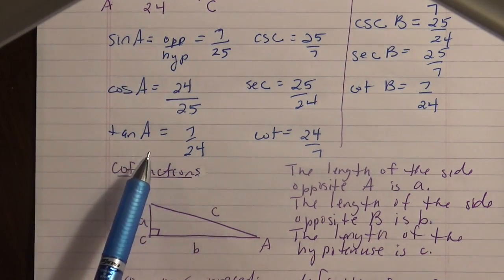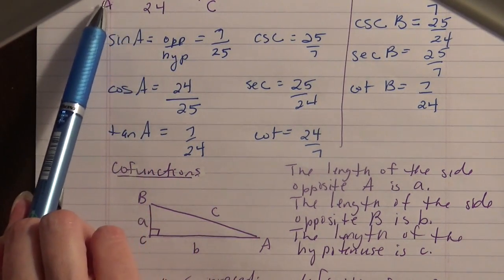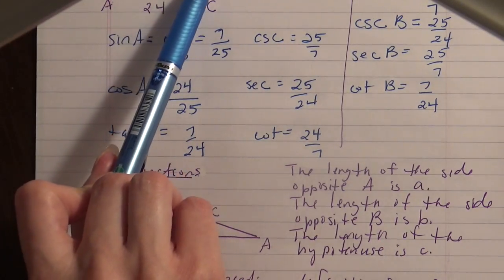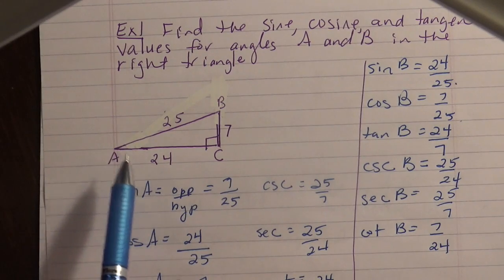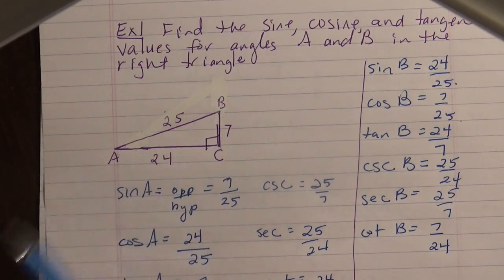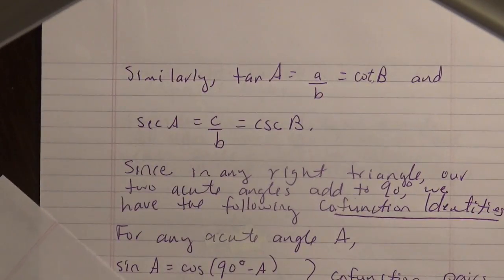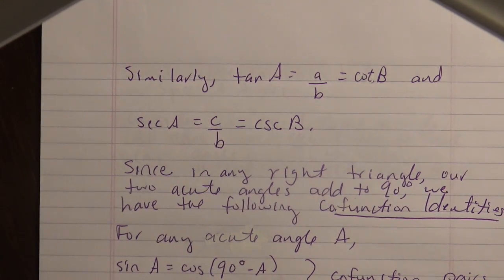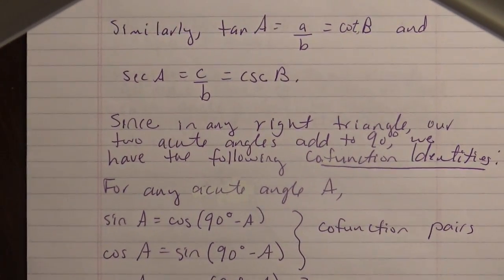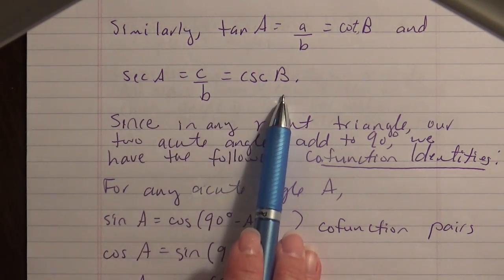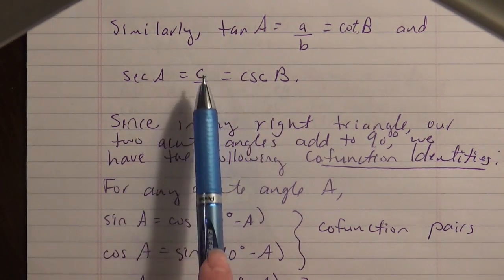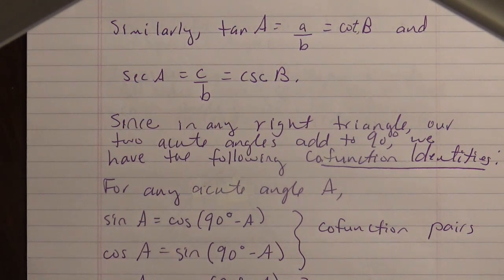So tangent of angle A was equal to the cotangent of angle B. So that makes those cofunctions as well. And it's also true that the secant of angle A is equal to the cosecant of angle B, because the ratio of the side lengths will be the same either way.